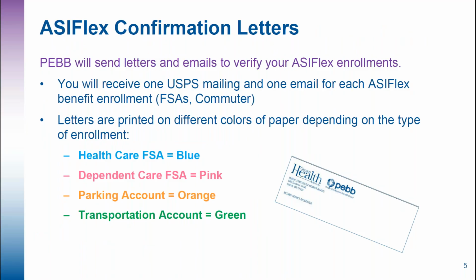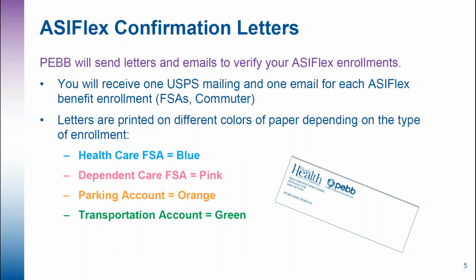The way that we do this is we're going to send you some emails, and we try to make the emails a little color-coded as much as we can. And you're also going to be receiving hard copy letters in the mail. We color code them: the healthcare FSA letter is going to be on blue paper, the dependent care will be on pink paper, the parking account will be on orange, and the transportation green.